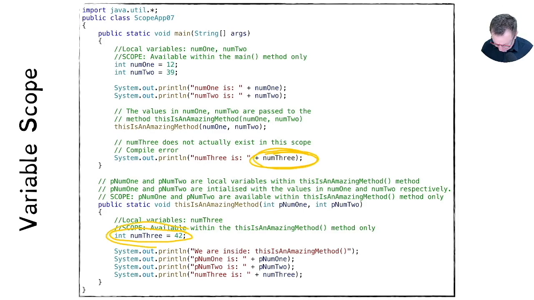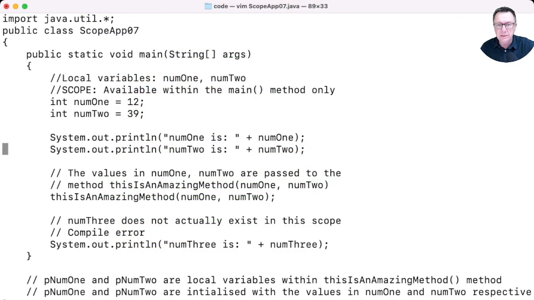Num3, I've declared it here, but not up in here. So to resolve one of my problems, what I can do is declare it. Let's do this: int num3 is assigned, and I'm going to say 0.